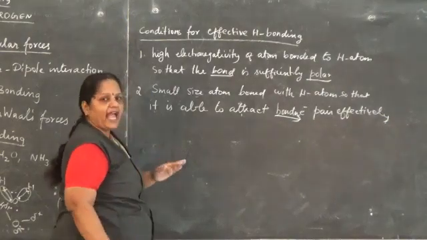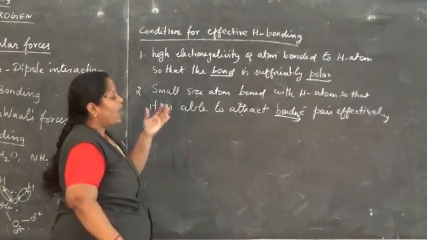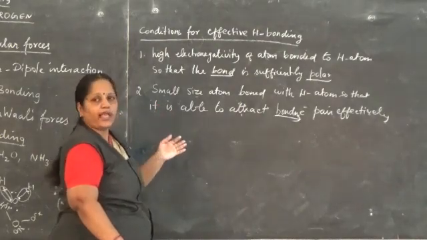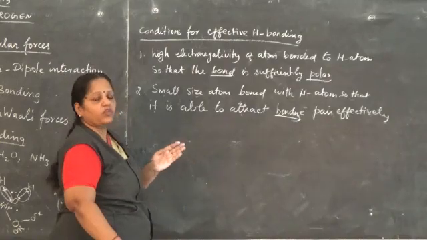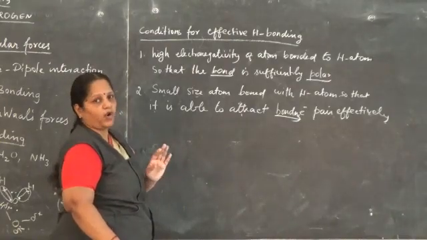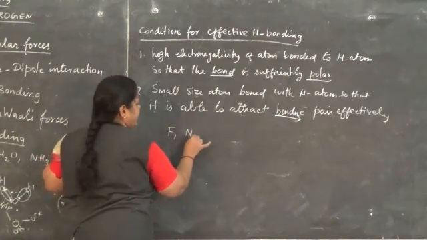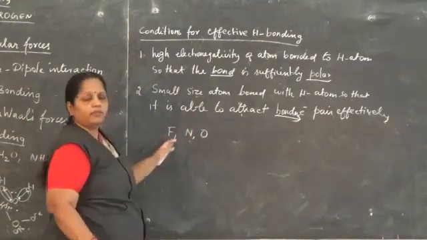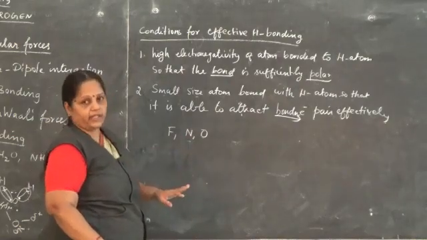If an atom has low electronegativity and is larger in size, dipole-dipole interaction is not sufficient to form effective hydrogen bonding. Only fluorine, nitrogen, oxygen form strong hydrogen bonding with a hydrogen atom.